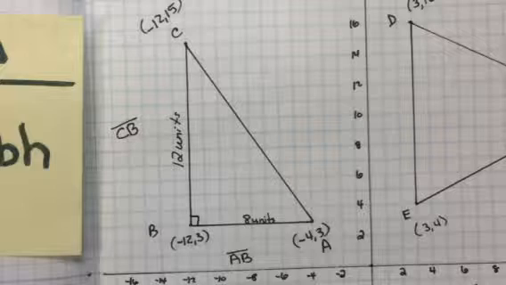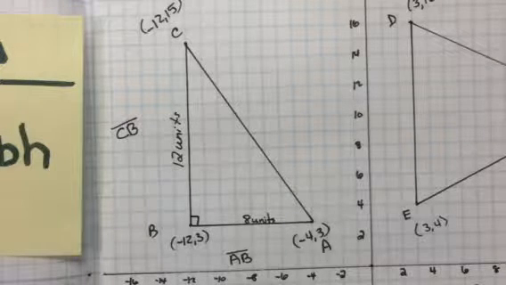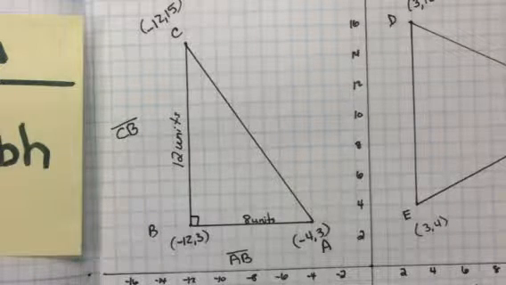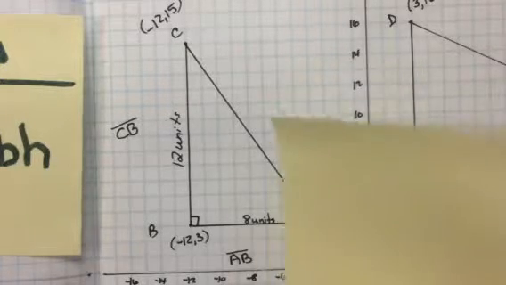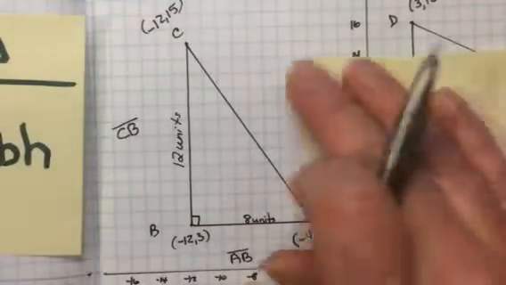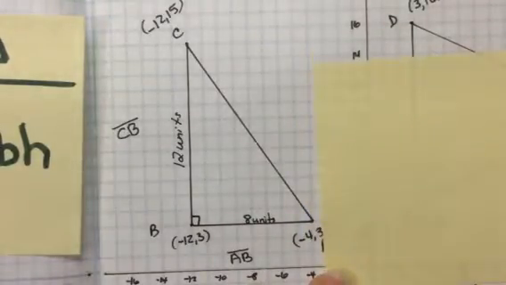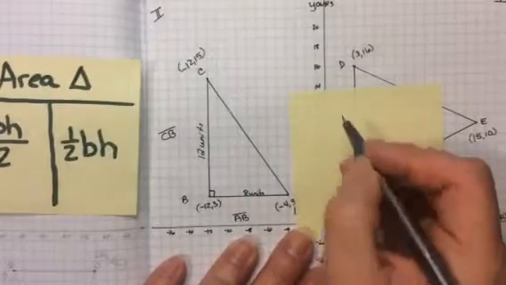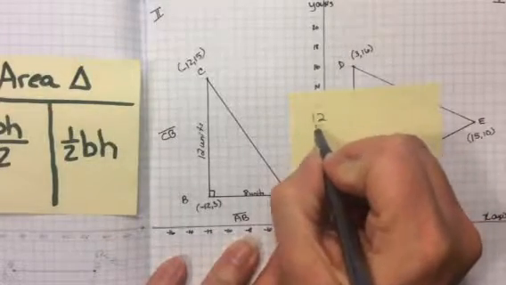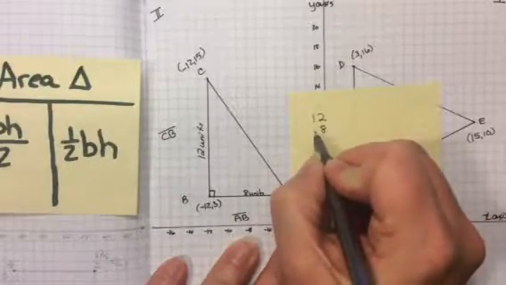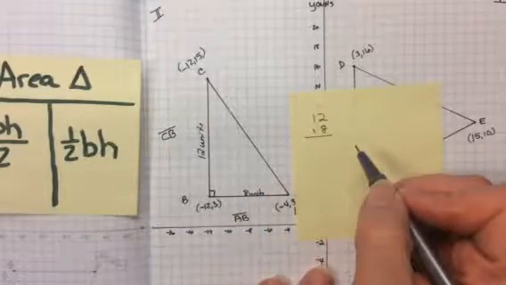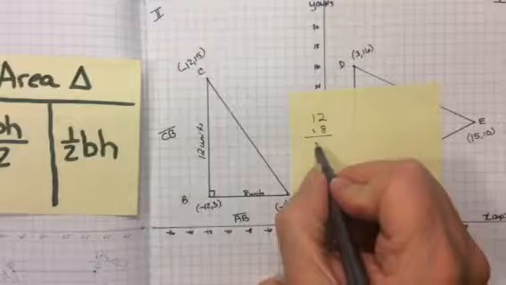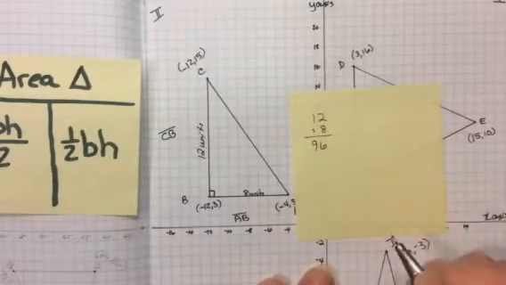Now, I can solve this in 2 different ways. If you want to use a calculator, then you're more than welcome to, but I'm pretty sure you can do this in your head. So if I have another piece, and I'm just going to use this as scrap paper on the side, base times height, multiply those 2 together, 8 times 12 is 96.